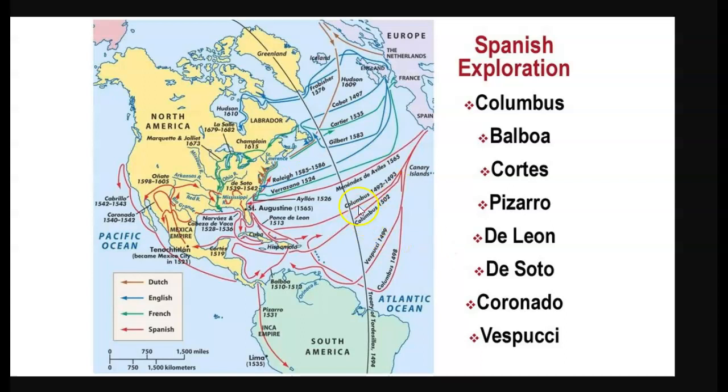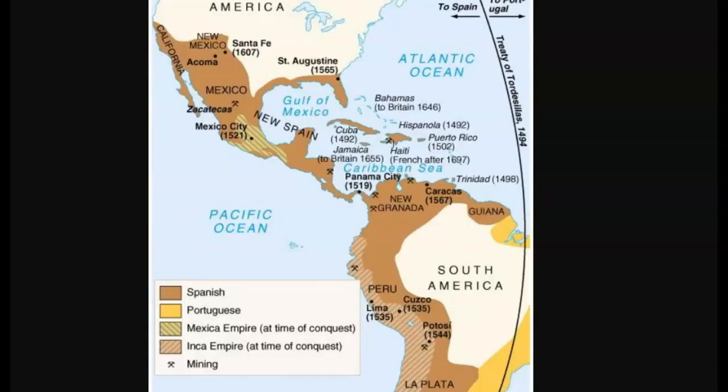You get Jacques Cartier, also sailing for the French. Giovanni Gabotto, an Italian sailing for England. Henry Hudson comes over, a Dutch explorer. So these guys are all looking around here. Now, you wind up then with the Spanish creating this kind of Spanish empire here.